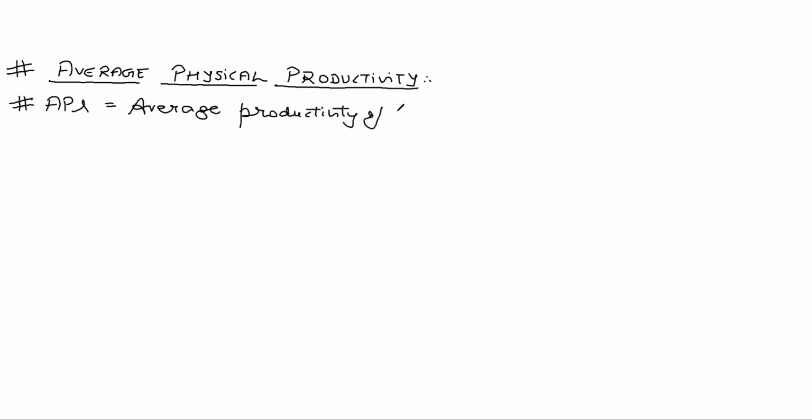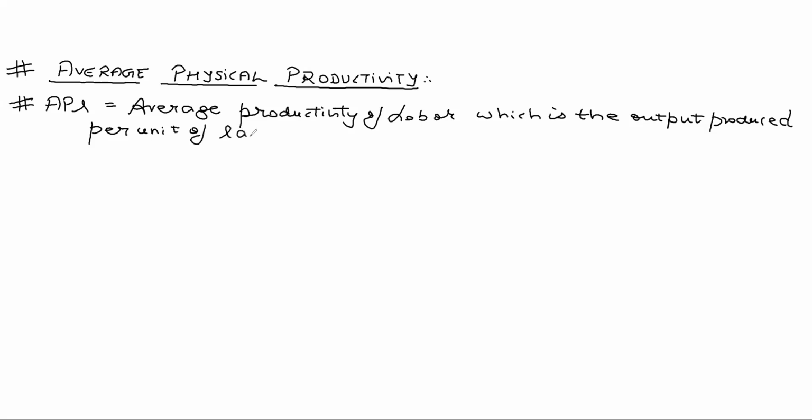APL stands for average productivity of labor, which is the output produced per unit of labor. That is, your APL mathematically is equal to Q by L, where Q is your production function.